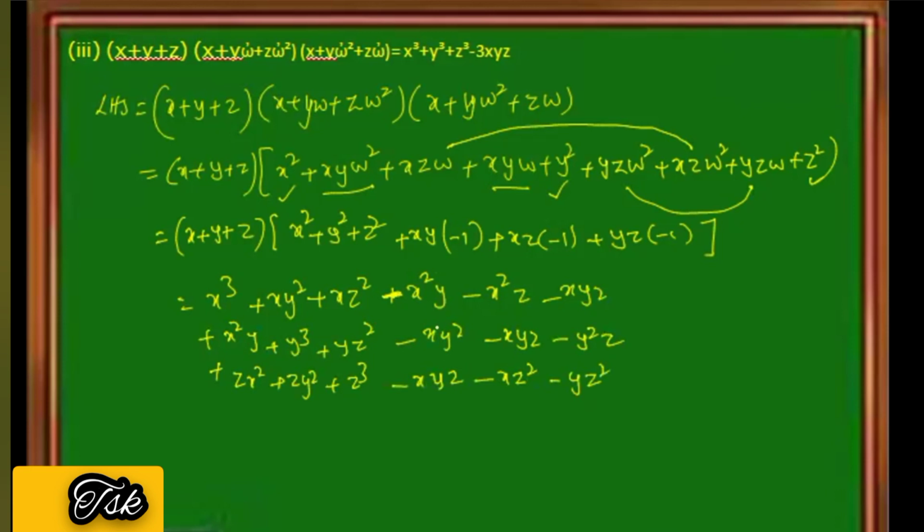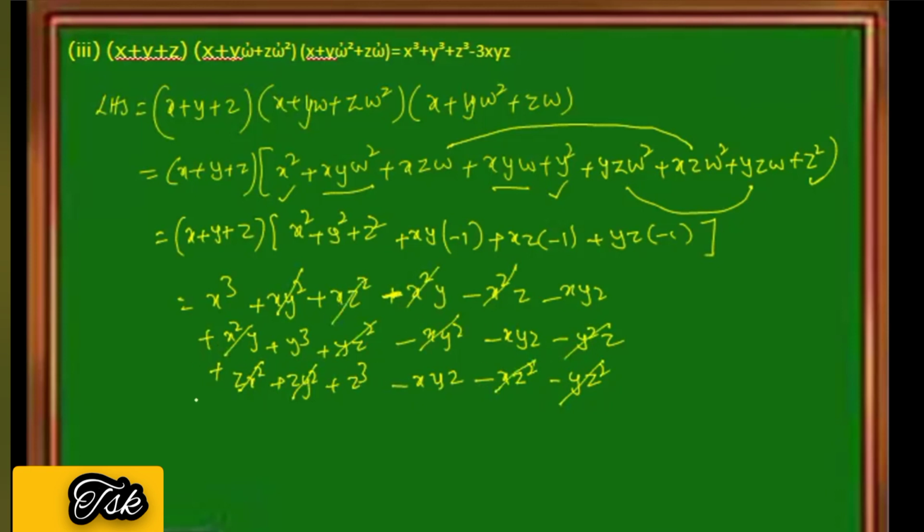So look here, xy square positive, xy square negative; x square y positive, negative; zx square, x square z positive, negative; and then y square z positive, negative; and then yz square, this is yz square, this is zy square, both negative, positive; and then xz square negative, positive.